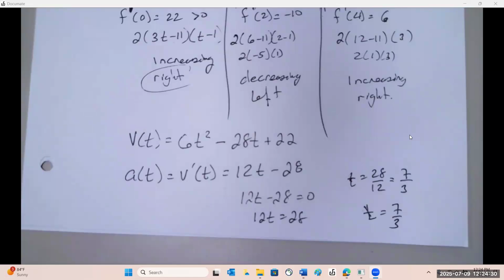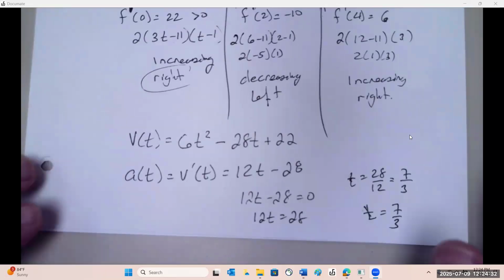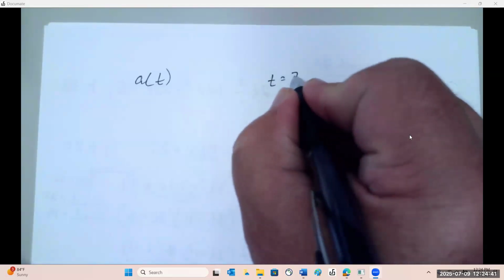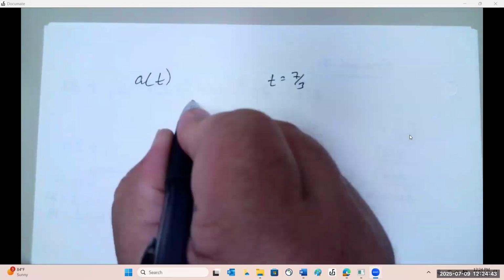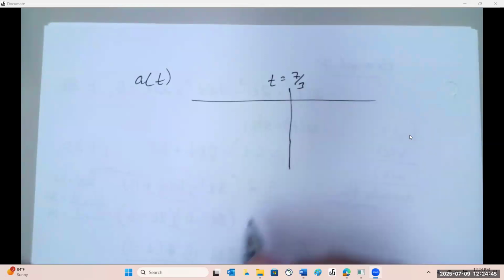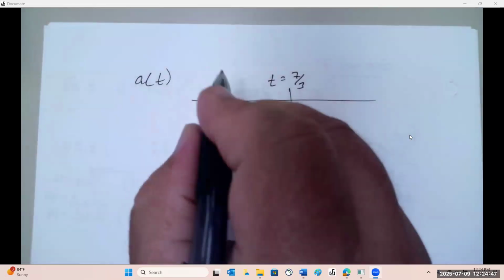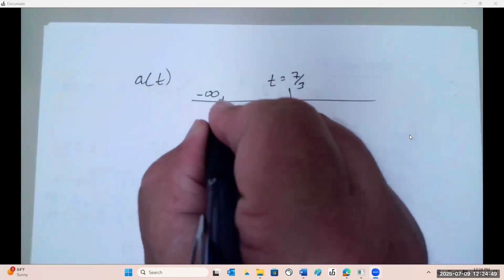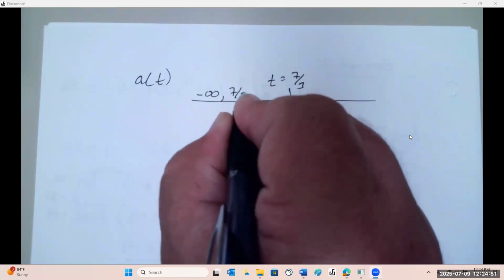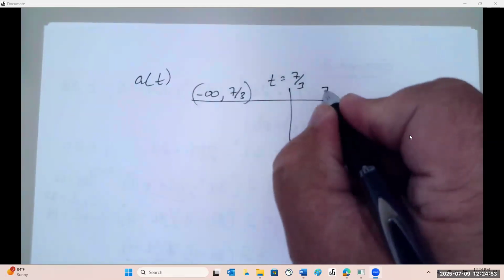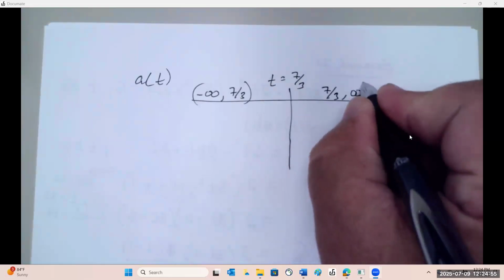So what's the concavity on both sides of those? For the acceleration, I have t equals 7/3. So from negative infinity to 7/3, and I have from 7/3 to positive infinity.